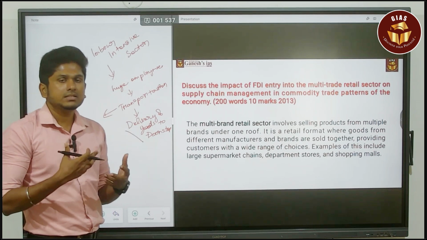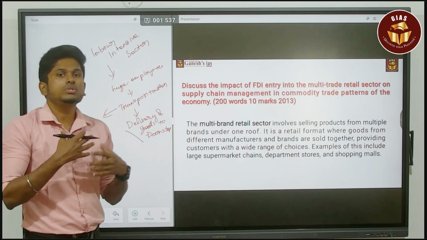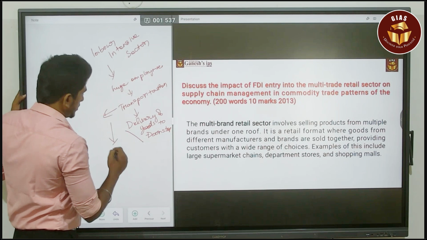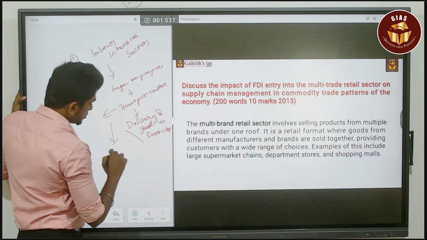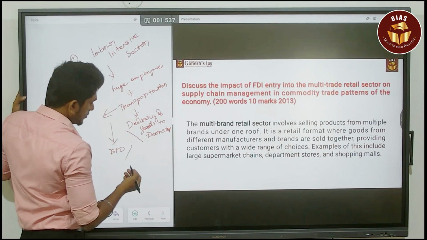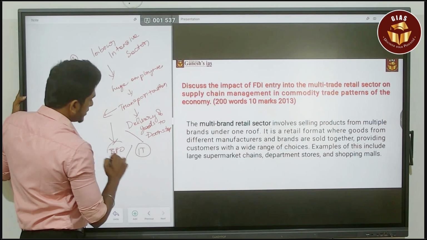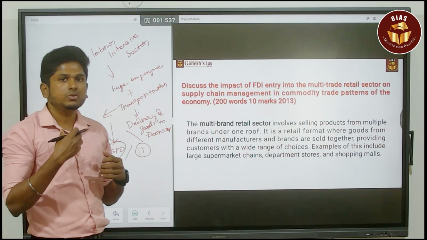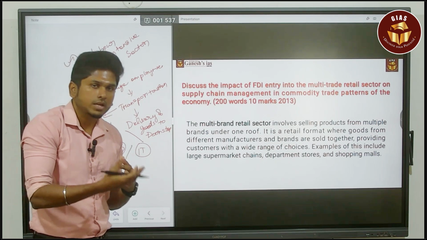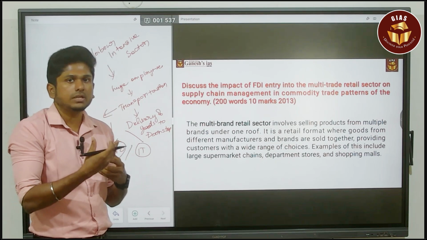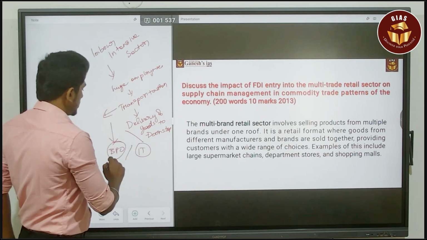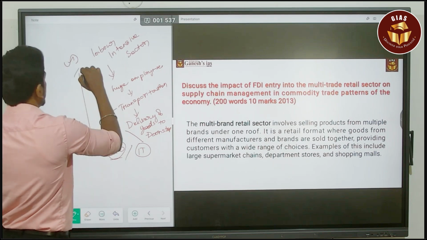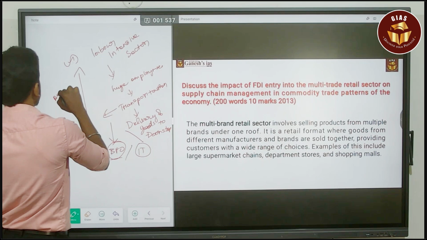So in that sense, it is going to provide huge employment opportunities. And it is not only that; there are also the BPO services and IT services to maintain the platform and websites, and to solve consumer grievances. They will run the BPO services. So in that sense, it is going to provide huge employment opportunity.